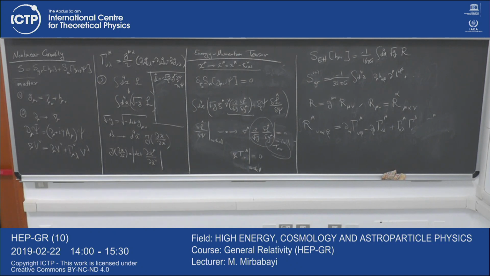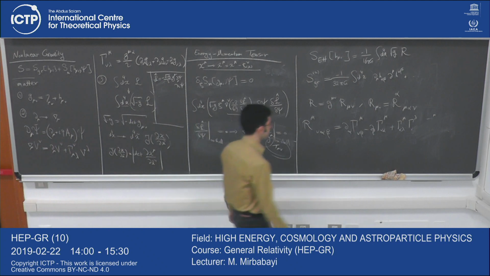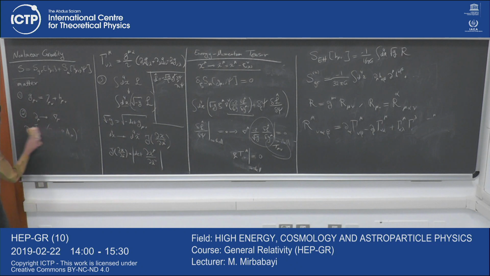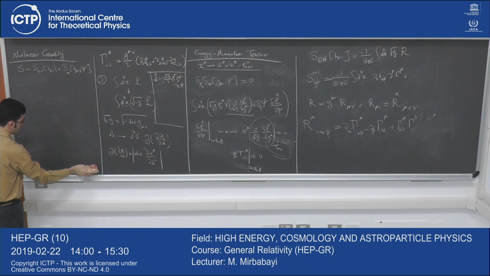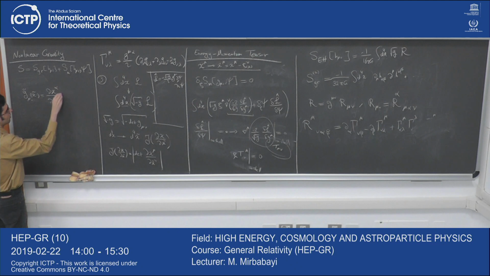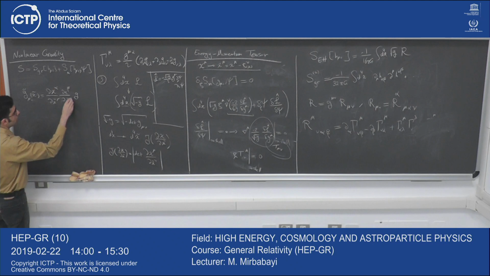So, there's no ambiguity, right? We have fully fixed everything. So we have said what is the transformation of the metric: g tilde mu nu of x tilde is equal to dx alpha over dx tilde mu, dx beta over dx tilde nu, g alpha beta of x.